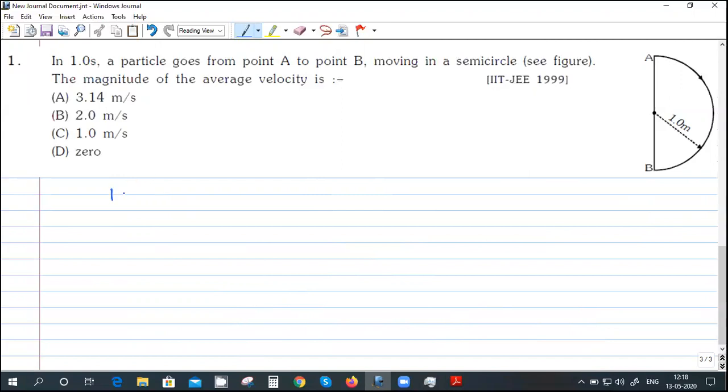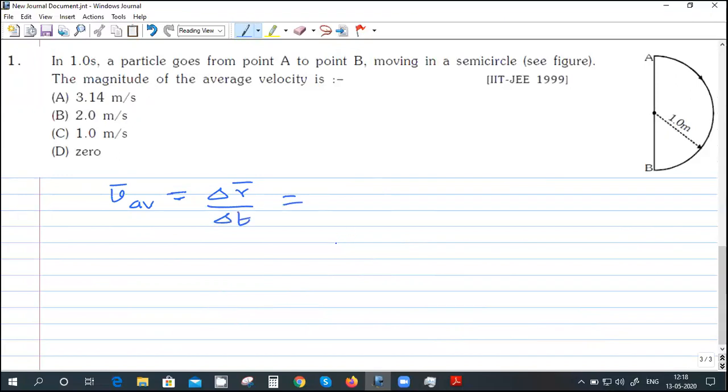So average velocity. What is the definition? Definition of average velocity. Total distance by total time. Total displacement, delta R, no? Divided by delta T. Okay.